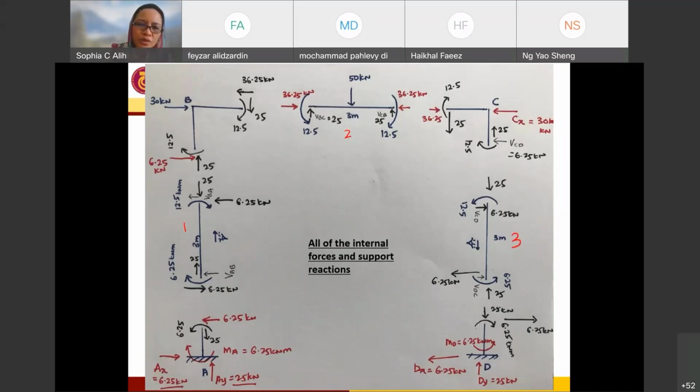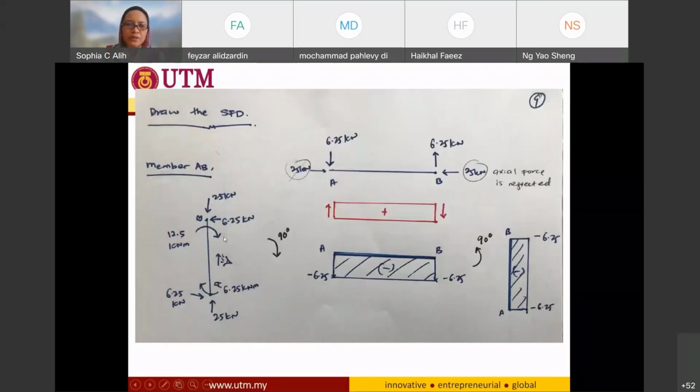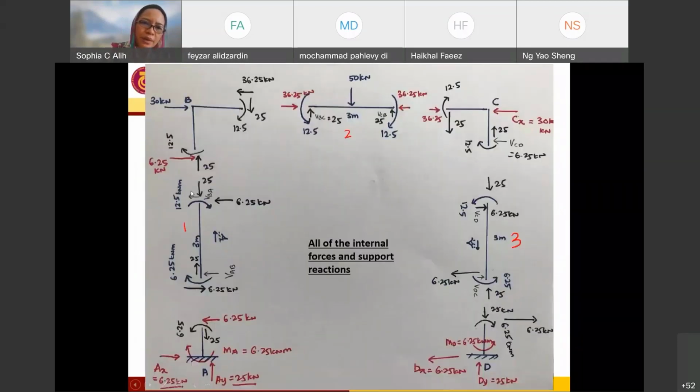First we look into this element, in which we have all these internal forces acting on it.